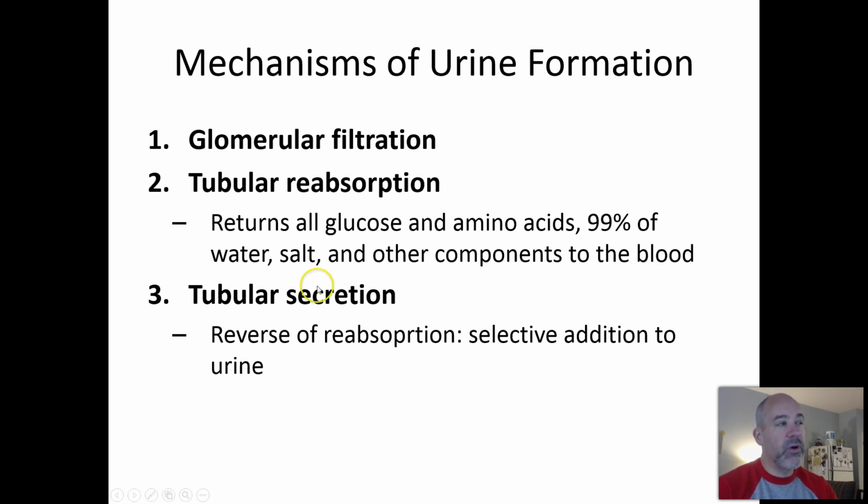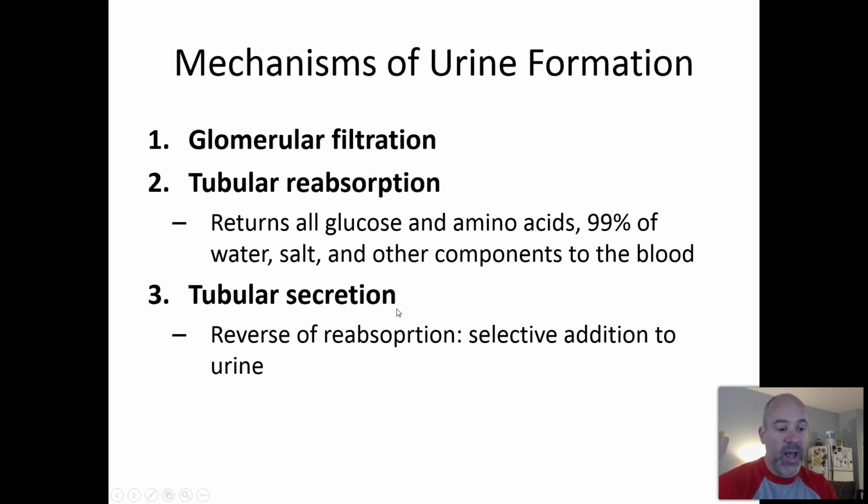And finally, there's a third phase of urine formation called tubular secretion. Some of the terminology here can be a little bit confusing, so you just kind of work through it until you get used to it. This means the opposite of reabsorption. So there can be things that are in your tissue fluids and your extracellular fluids that need to be put into the urine after this step, and that's called tubular secretion.